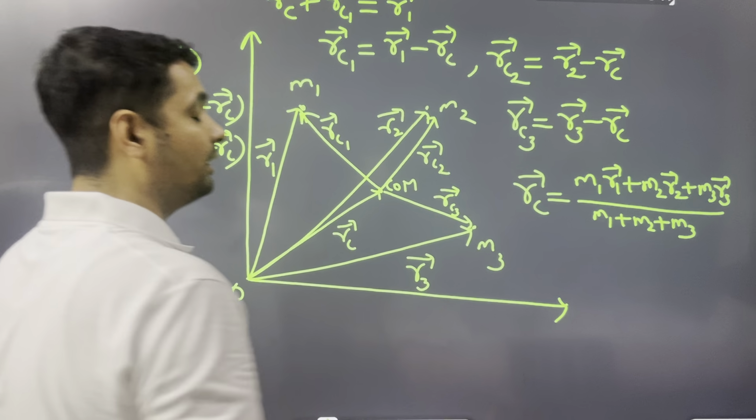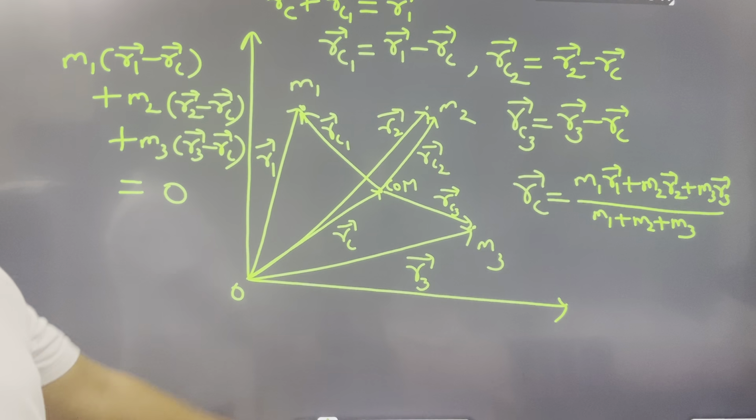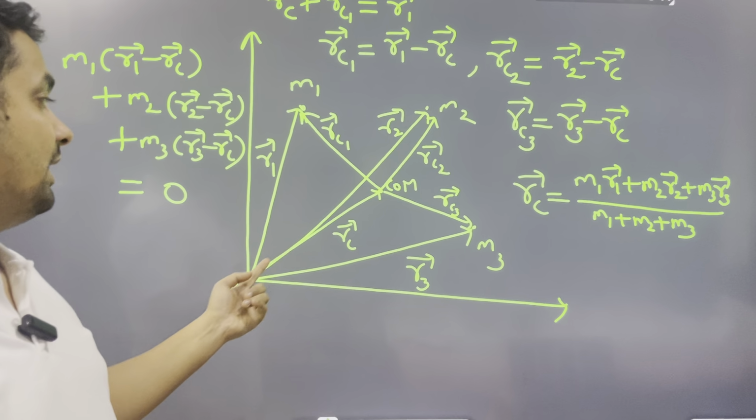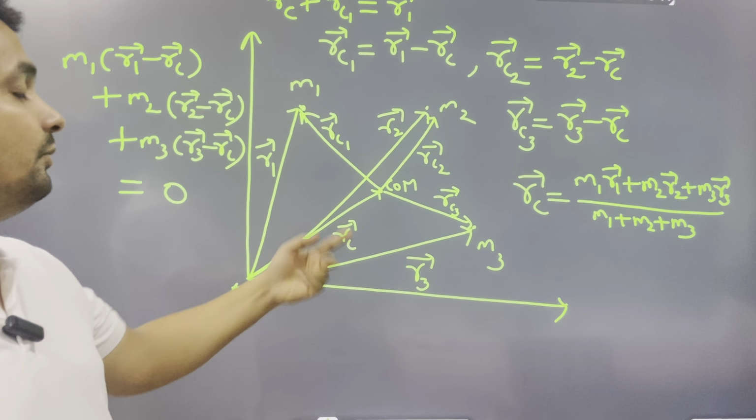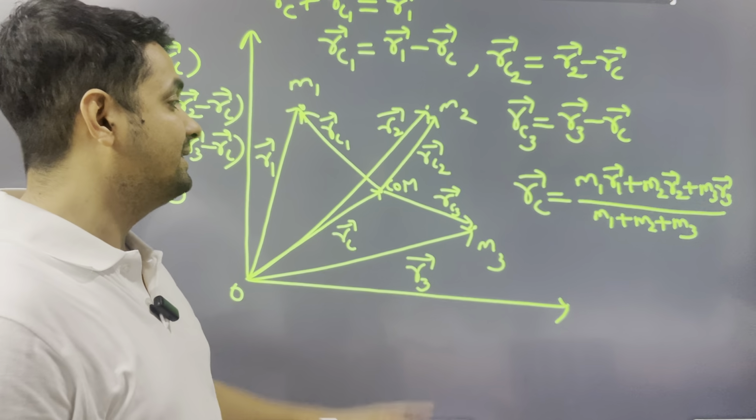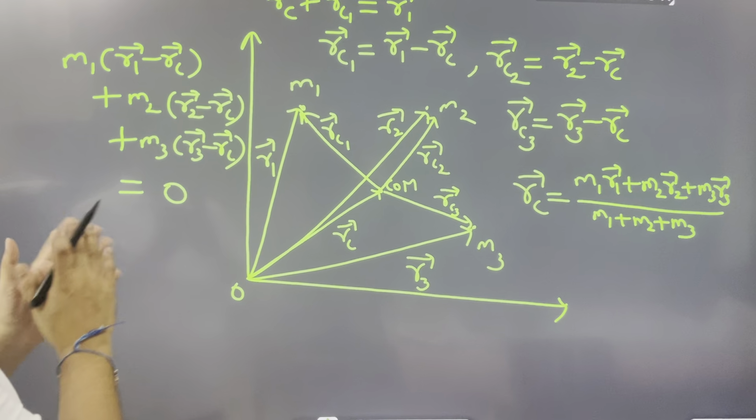So this is the RC vector that we wanted to find. By doing this we got the position vector of the center of mass.